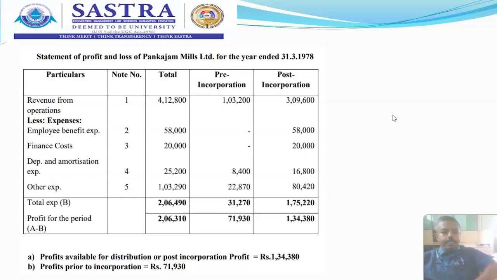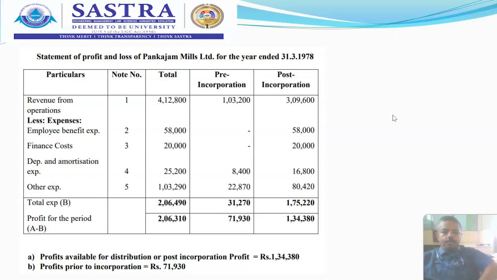But we need to know how much is the profit for pre-incorporation and how much is the profit for post-incorporation. So here, the revenue from operation in the pre-incorporation period is 1,03,200 and the total expenses are 31,270. If you subtract, you will get 71,930.